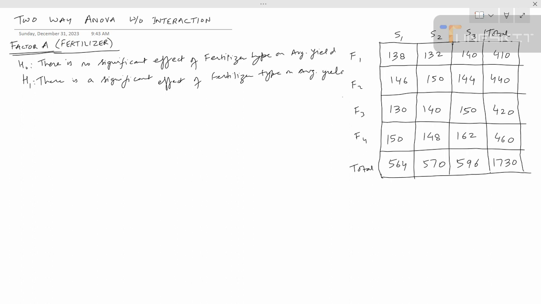Similarly, we will write up the null and alternative hypotheses for the second factor accordingly. For factor B, that is the type of variety of seeds that are being used.